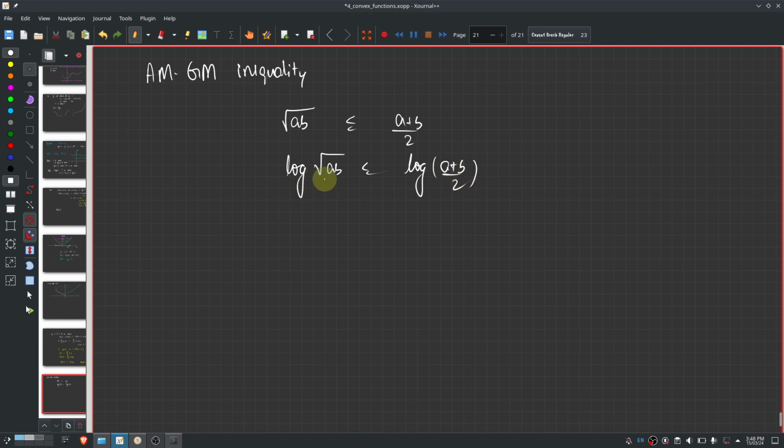But log root AB is just half log A plus half log B, less than or equal to log of A plus B by 2. And I can get this directly just by applying Jensen's inequality. On what function? So f is in fact the negative of the log, because log is concave, so minus log is convex.